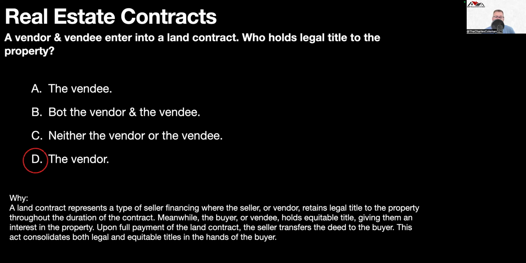Meanwhile, the buyer or the vendee holds equitable title, giving them an interest in the property. Upon full payment of the land contract, the seller transfers the deed to the buyer. This act consolidates both legal and equitable title in the hands of the buyer.